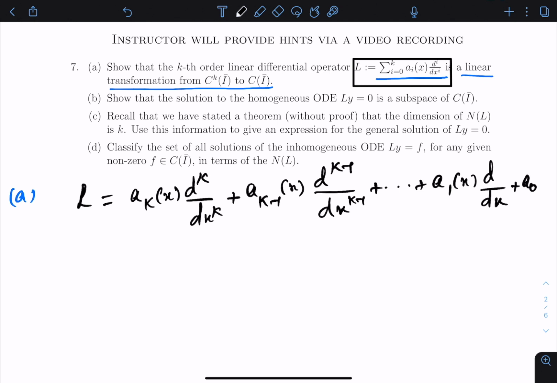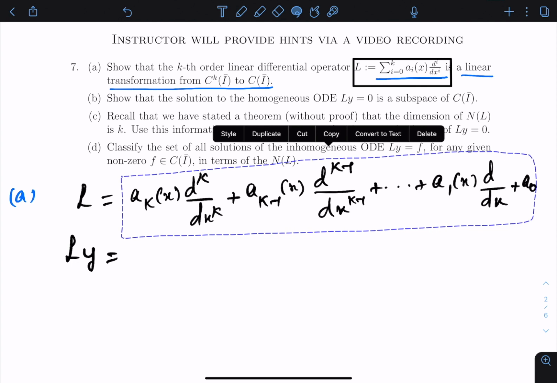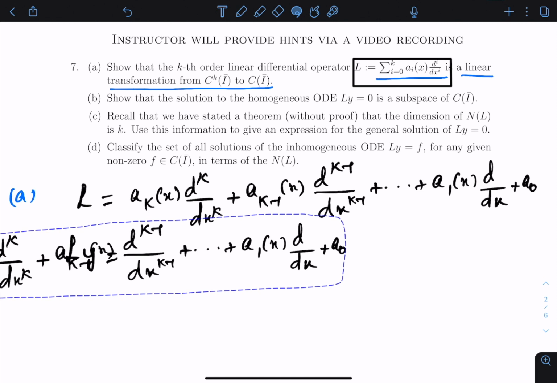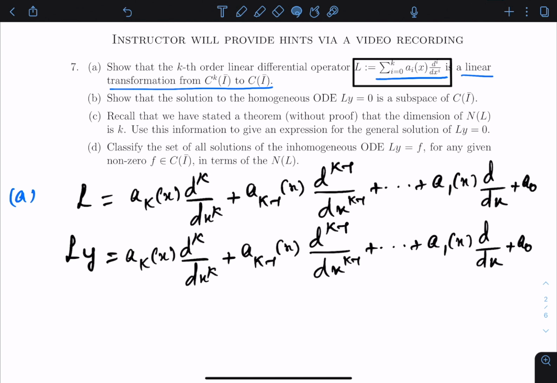This is your operator. If L acts on y, it's precisely what you have here. It just acts on y.